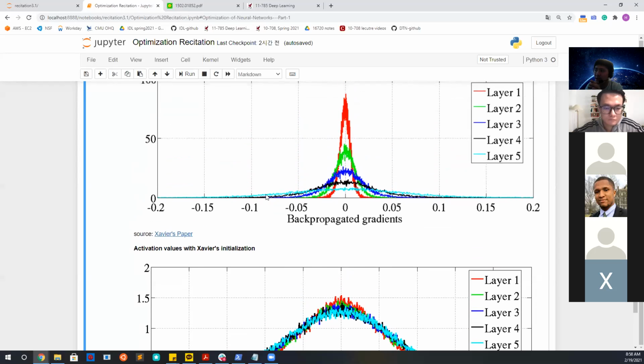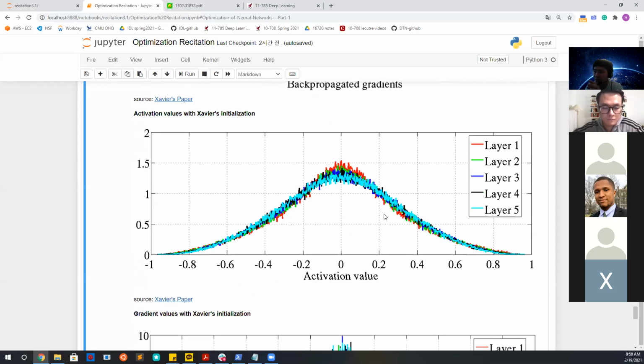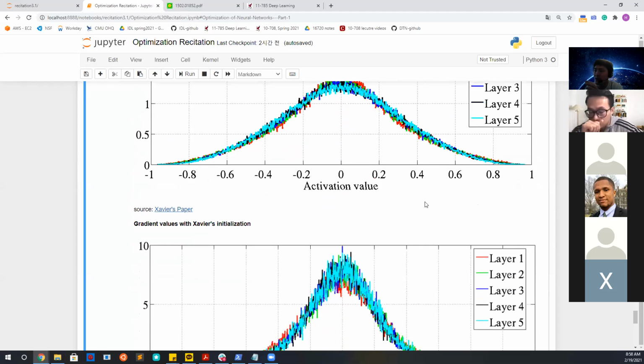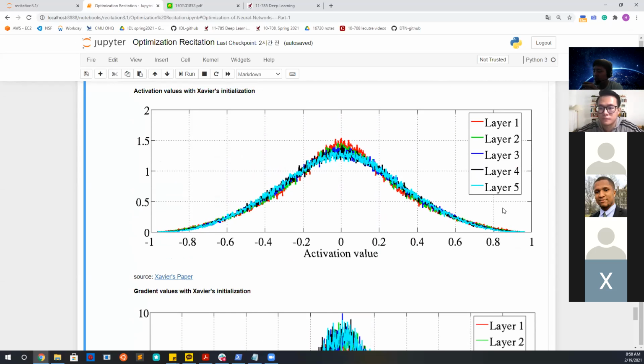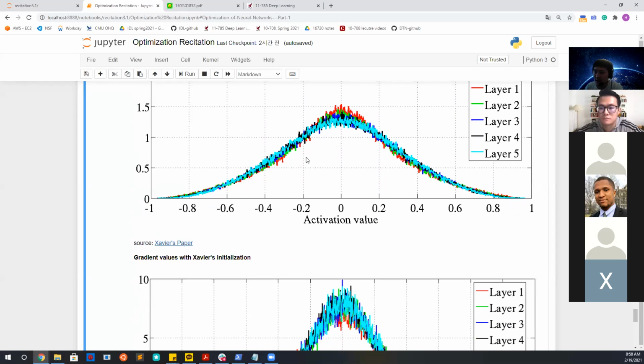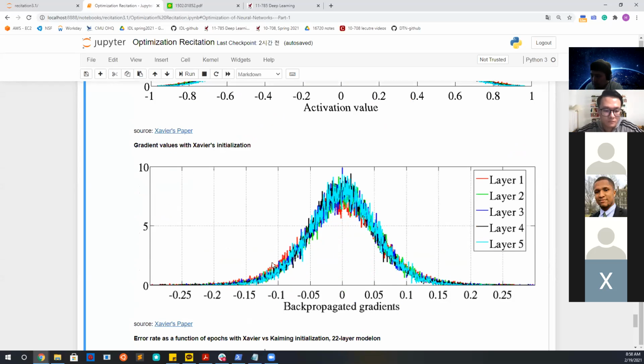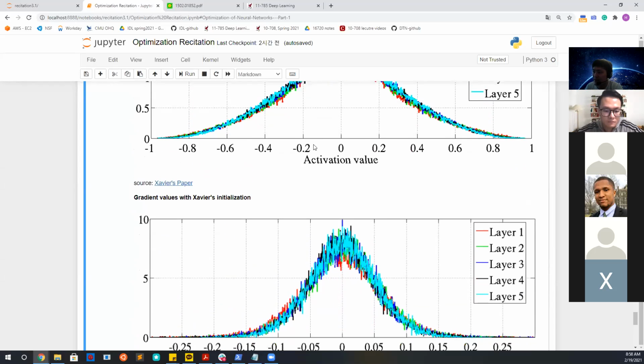it's resolving the vanishing gradients and vanishing activation value problem, and you can see that each layer has mostly the same value distribution for the gradients and the activation values.